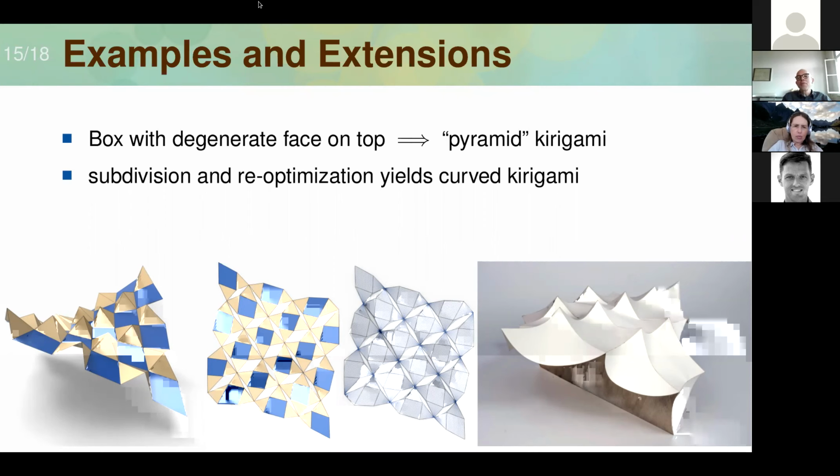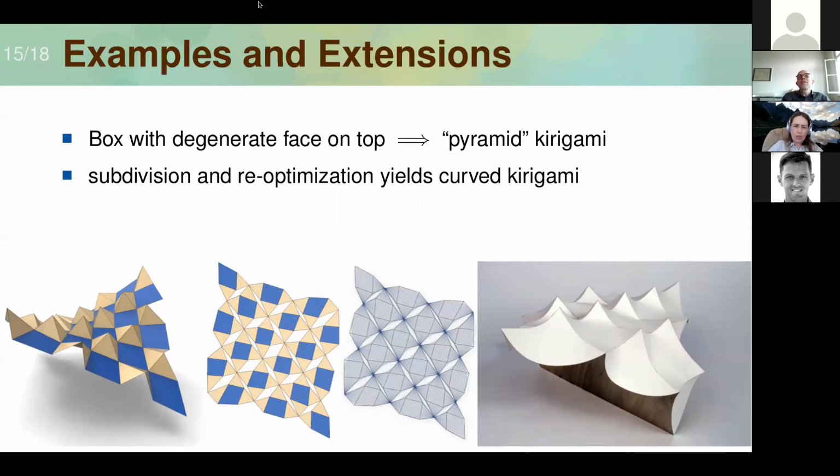In all the other slides, the blue faces are the ones on top of the boxes, but here they are not there. So this is a Kirigami where the previously blue faces on top of the boxes are, all the edge lengths are zero, so they are not there. This is a kind of pyramid Kirigami, just to show that we can. And then you see the unfolding, not to scale.